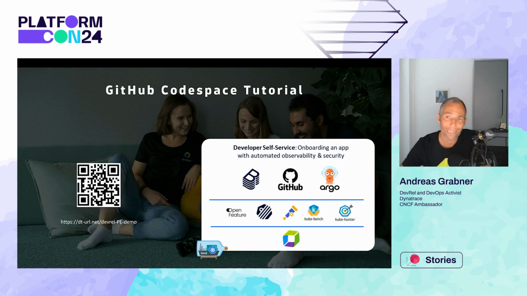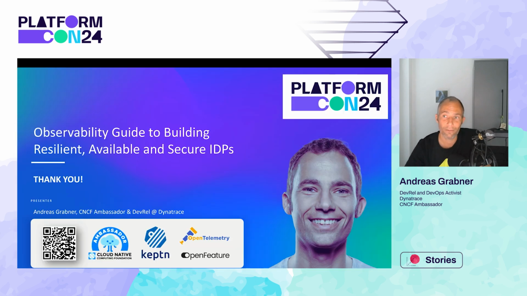It's a full end-to-end scenario, and every component that you see here is observed with OpenTelemetry, with Prometheus. So everything is open source, and the backend, you can obviously decide for yourself where the data lives. So this is a great, I think, starting point for an end-to-end platform that has observability and security baked in.